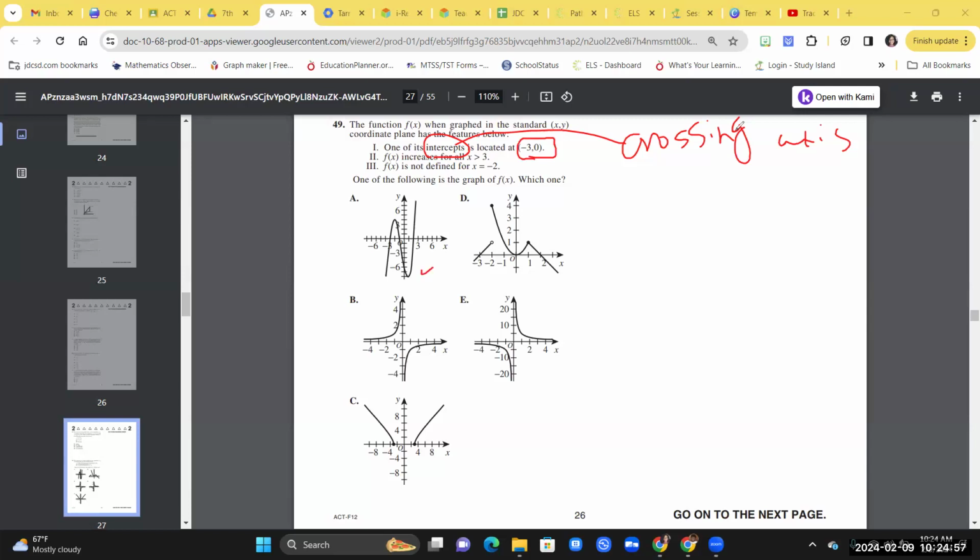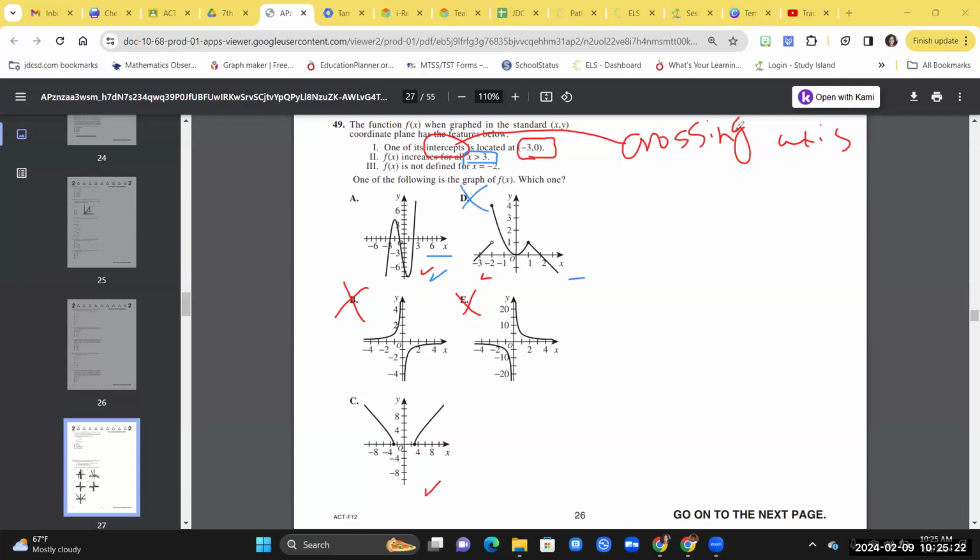That one did. That one did. Nope. Nope. That one did. All right, the next piece said it increases for all x greater than 3. Above 3, it will still be increasing.